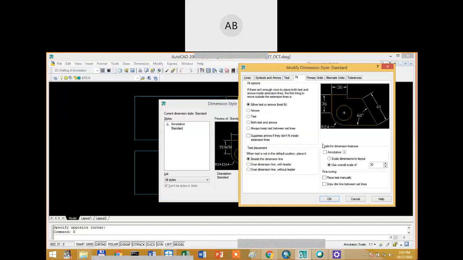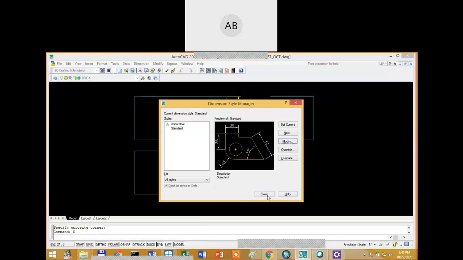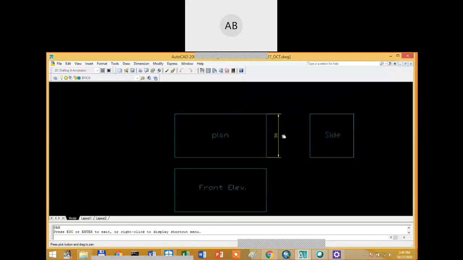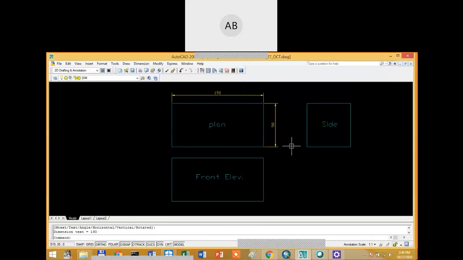Then in line with dimension. Okay, so this is 90.